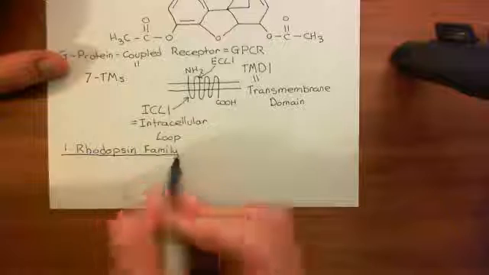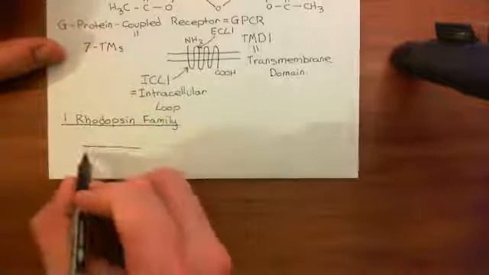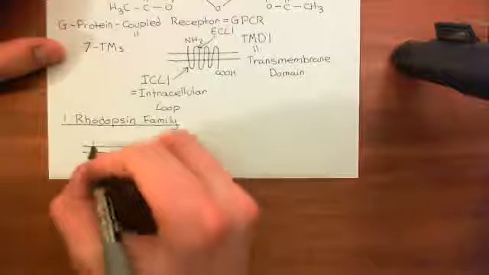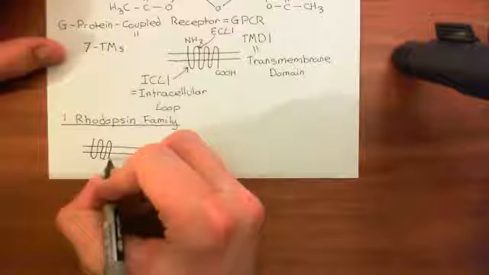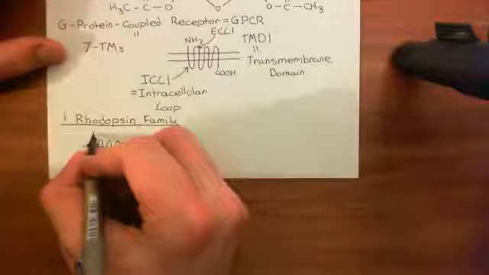What's special about the rhodopsin family? Basically, they have very short amino terminals and very short carboxylic acid terminal tails. So their main important portion is these 7 membrane-spanning alpha helices and then the intracellular and extracellular loops.